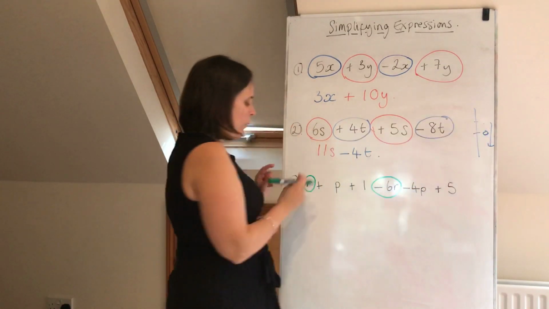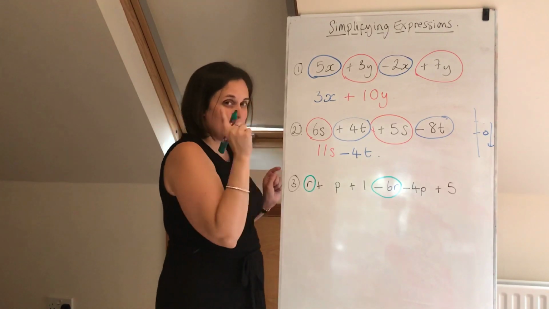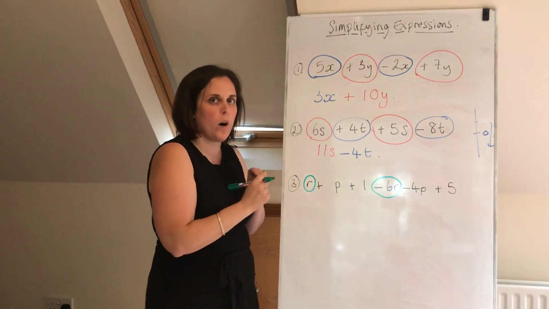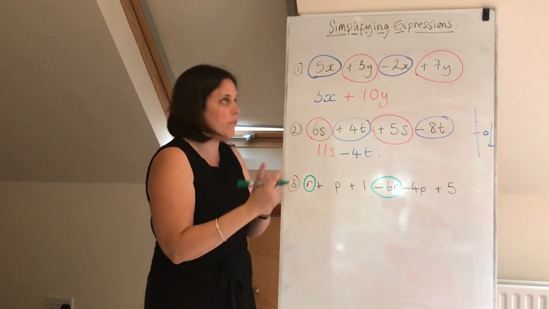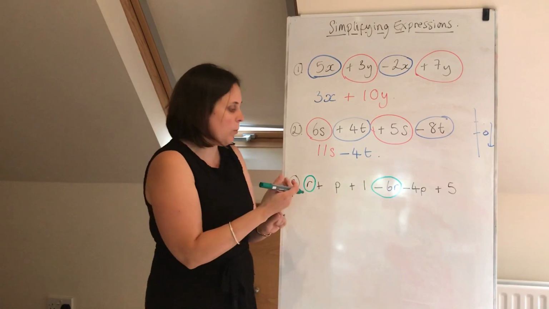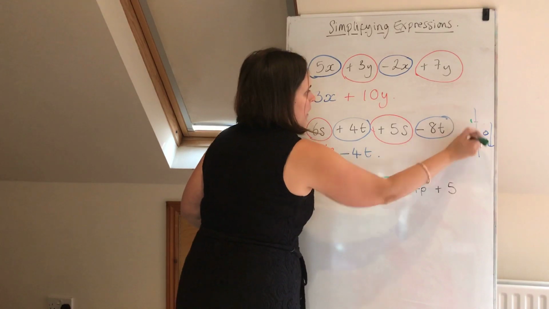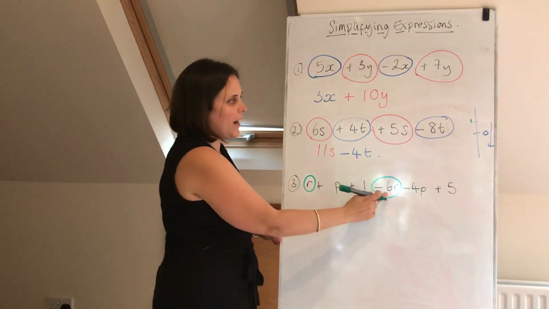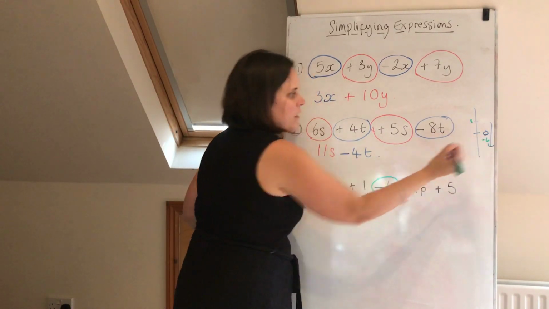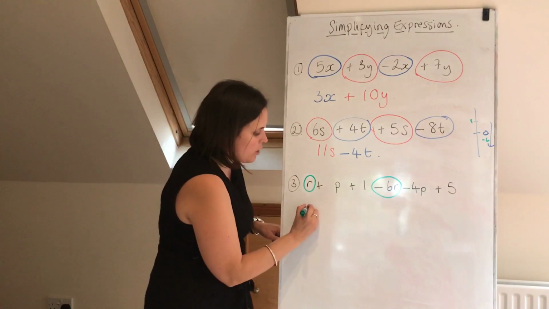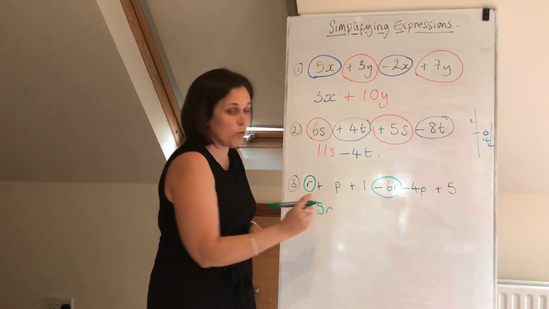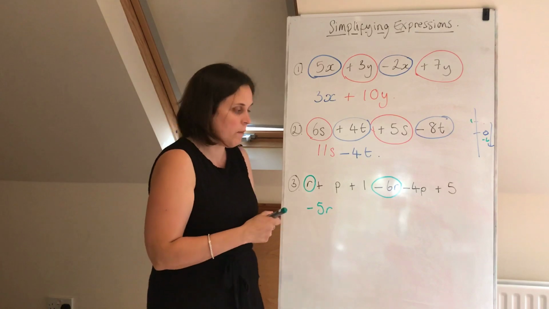So that r, where there's no number in front of it, that means 1r. We don't put the 1 in front of a letter when we've only got one of them. So we can say 1r, so we're at the number 1, and this time we're going to take away 6, so we're going down 6. So that takes us to negative 5, so we're going to write minus 5r.